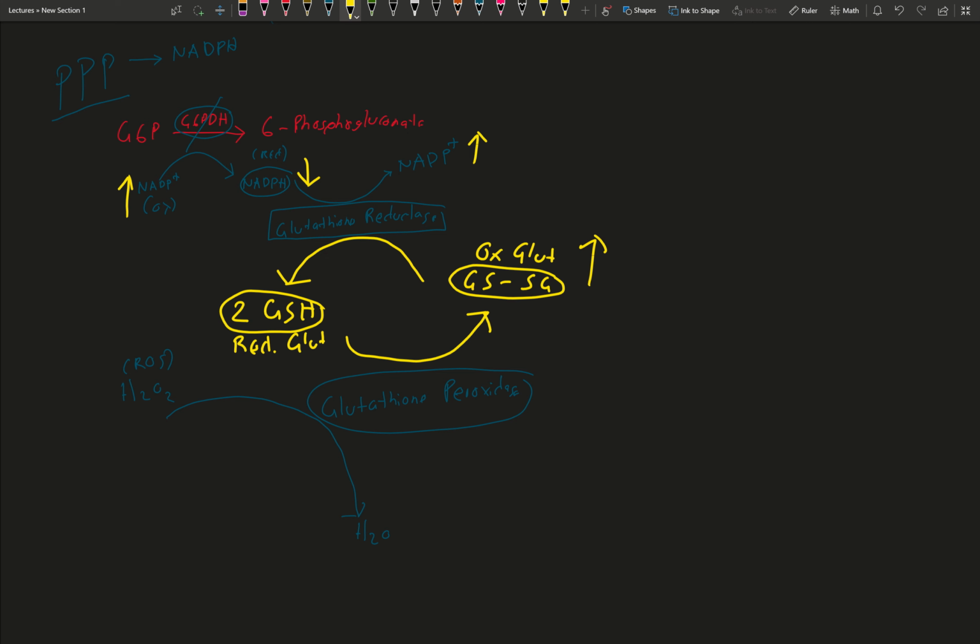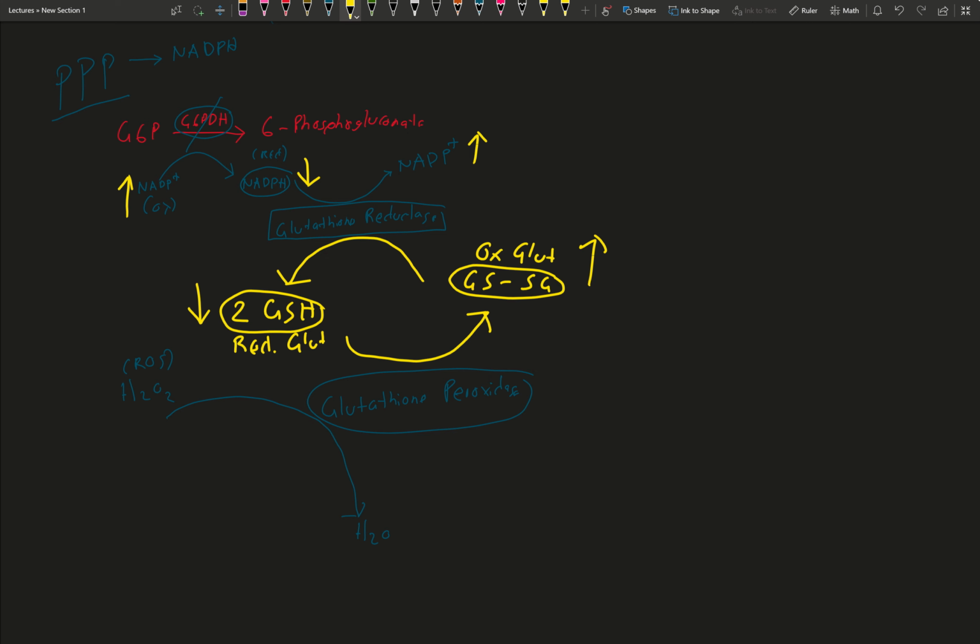If there's a buildup of oxidized glutathione, it means there's a reduction of reduced glutathione. Reduced glutathione is needed for glutathione peroxidase to do its job of degrading peroxides and other reactive oxygen species.